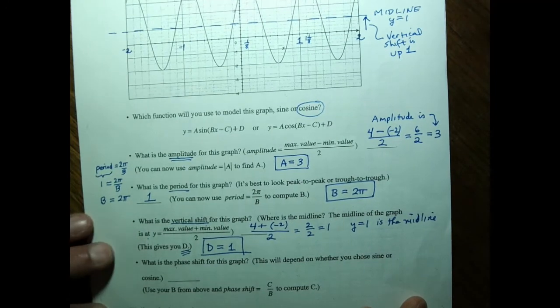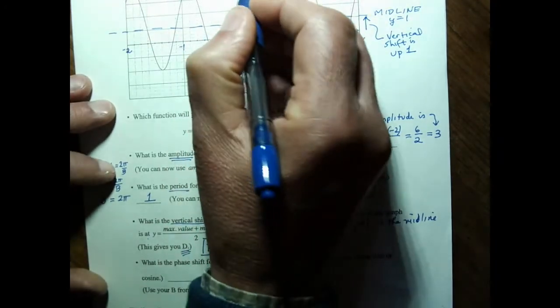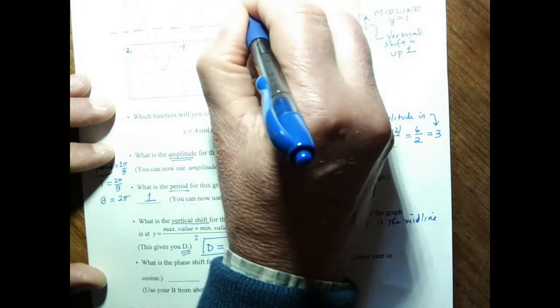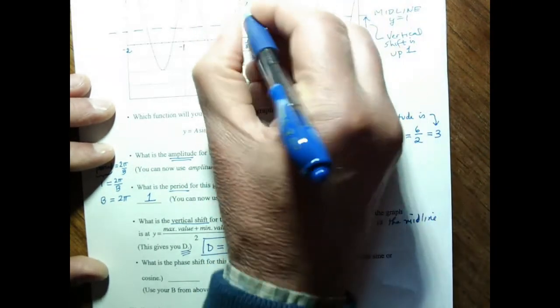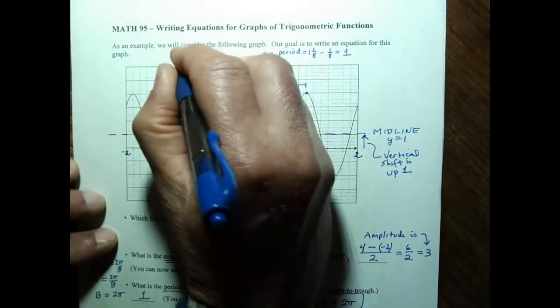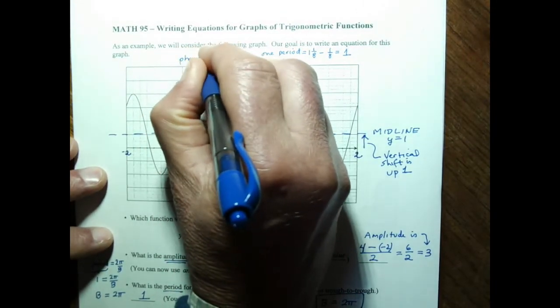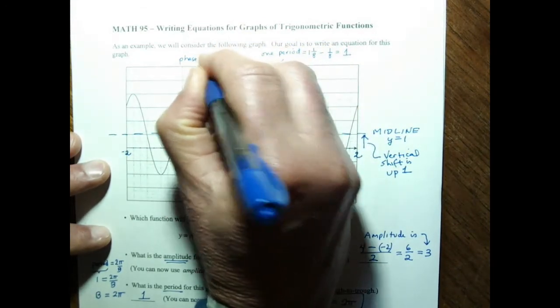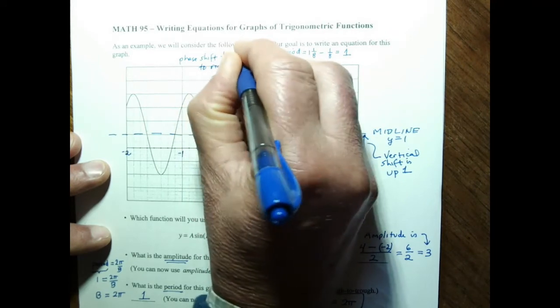All right, now we're ready to work on the phase shift for the graph. Because I chose my period starting at this high point, I've shifted away from the y-axis by this much. The whole graph has shifted over just a little bit to the right. And our phase shift, from the perspective that I'm taking, is 1/8 to the right.